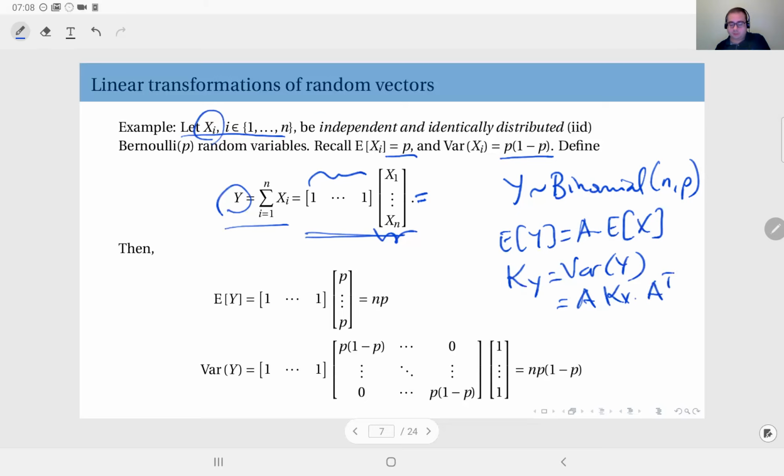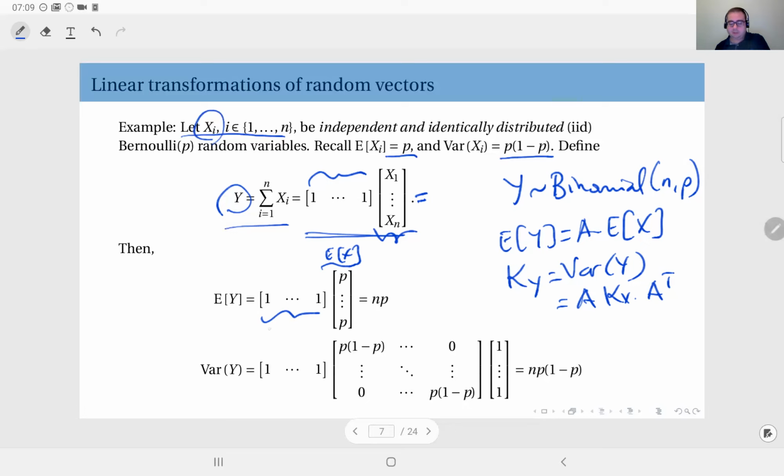When you put these in, you get A here. The mean vector of x here is just a column vector of p's because each of the components is a Bernoulli p random variable, and each of them has naturally the mean of p.